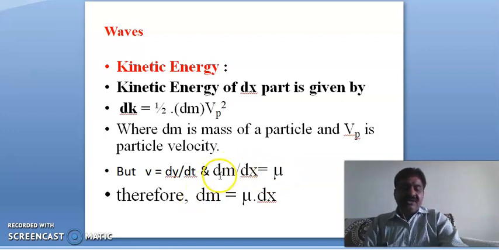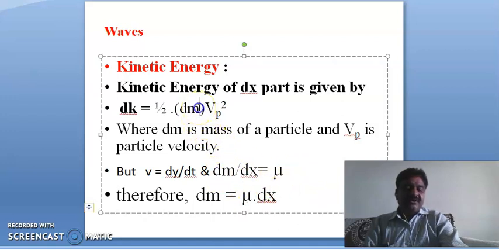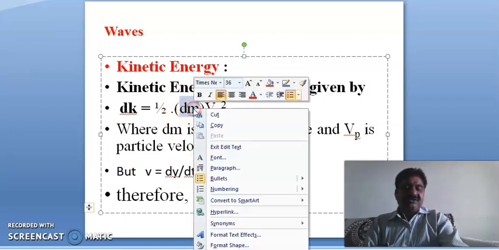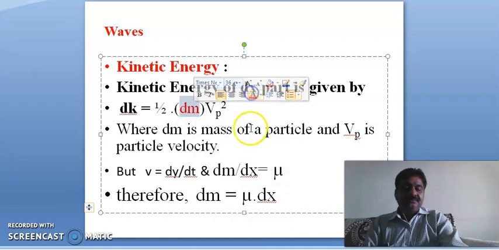So therefore dm is equal to mu dx. Instead of dm here, we substitute mu dx. Are you getting it?